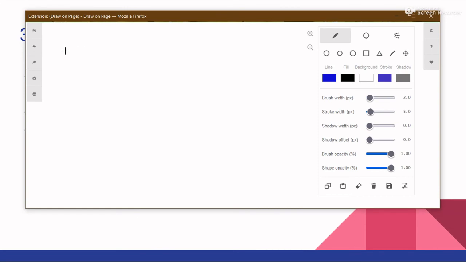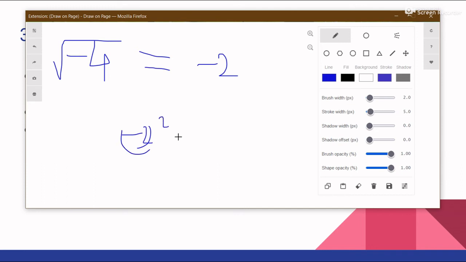Let's say this time we have to calculate the square root of negative 4. Can we say negative 2? No. The reason behind this is the square of negative 2 is also 4. Right? If we do negative 2 square, this will be 4. And if we do square of 2, this will also be 4. Whether it's negative or positive, it doesn't matter. It will always be 4.